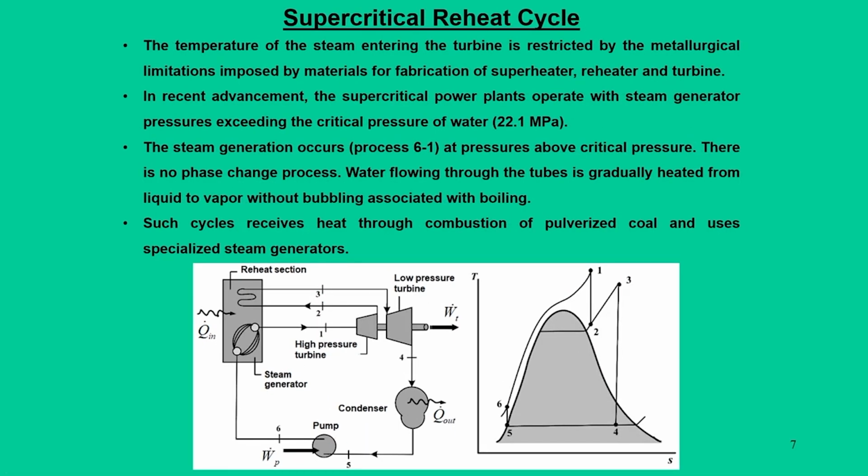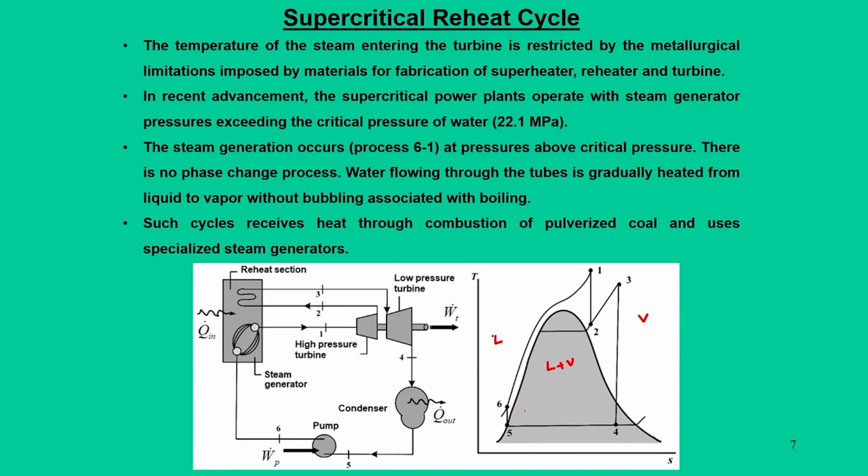Now, there is another concept called supercritical reheat cycles. What we understand by the supercritical system is that every working fluid or pure substance has thermodynamic diagrams like the PV diagram and TS diagram, which show the various states. For example, for steam, if you draw the state of the working fluid in a TS diagram, we have liquid regions, liquid plus vapor regions, then vapor regions.